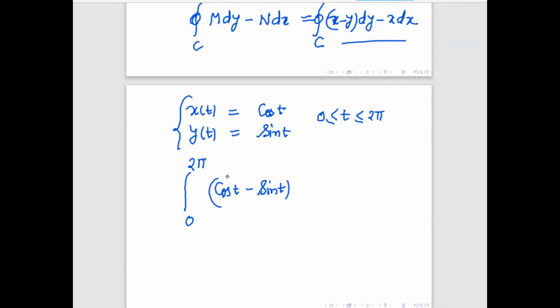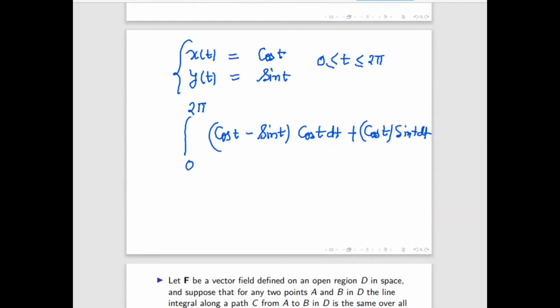What is dy? y equal to sin t, so it will give cos t dt. And x value is cos t, then dx will give minus sin t dt. So this becomes plus.